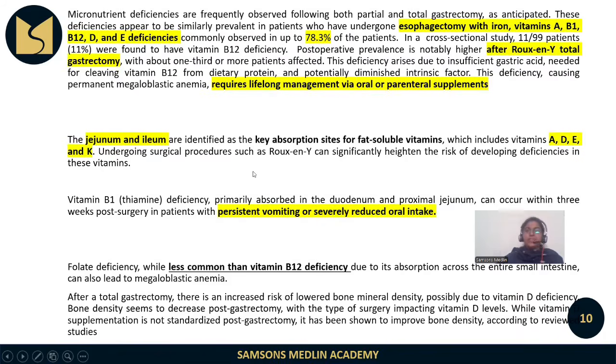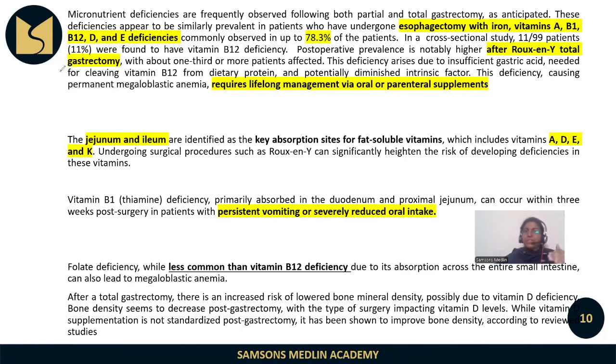Okay, so you know that there are different types of gastrointestinal surgeries. Okay, esophagectomy, Roux-en-Y. So there are different types of gastrointestinal surgeries. In general, it will affect nutrient status. Okay, vitamins, minerals. So all these nutrient deficiencies can happen in a gastrointestinal surgery. And usually it is corrected by providing supplementation.